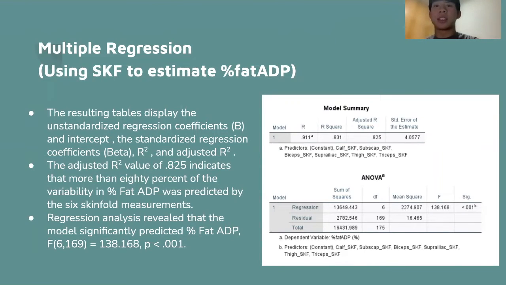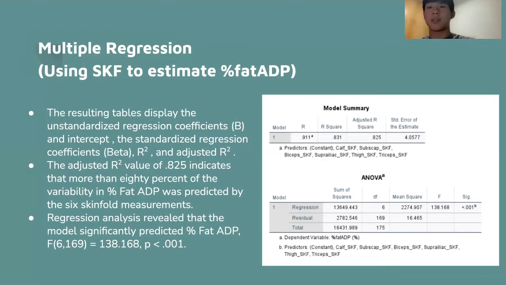The resulting table is displayed on the left, and on the right you can see the unstandardized regression coefficient, the p-value and intercept, the standardized regression coefficient as beta, R2 and adjusted R2. The adjusted R2 value of 0.825 indicates that more than 80% of the variability in percent fat ADP was predicted by the 6 skin fold measurements.